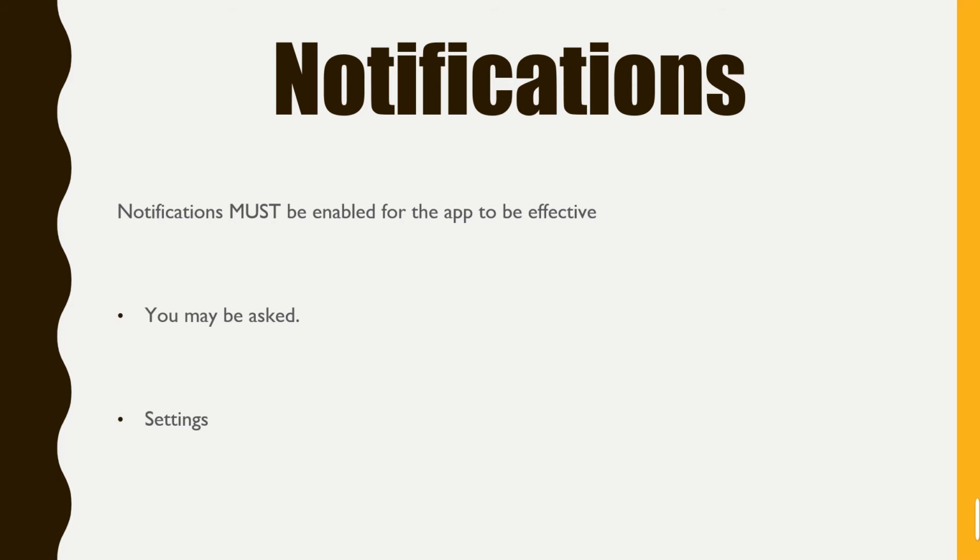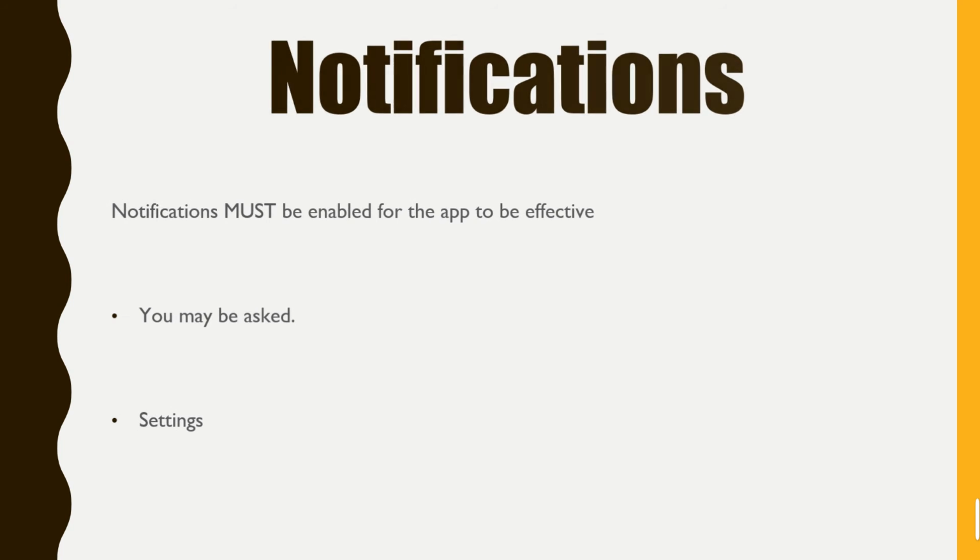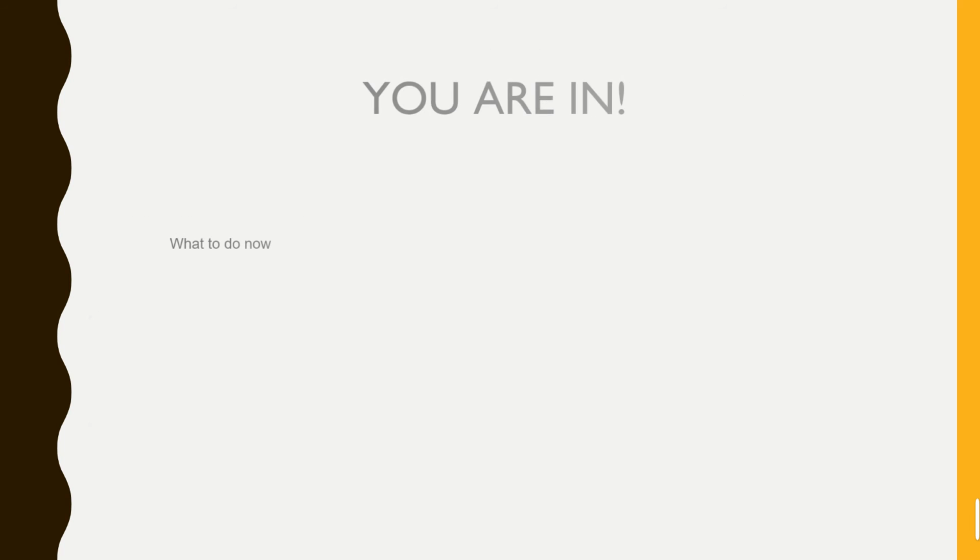If it doesn't, then what you'll need to do is go into the settings for that particular app. So for the Safer Schools app, go into the settings, and in there you'll be able to enable notifications. It's vital that you do that so that we can get any information that you need to know for online safety to you quickly and efficiently. So once again, notifications must be enabled to make the app effective.